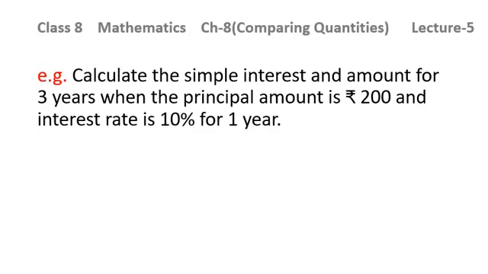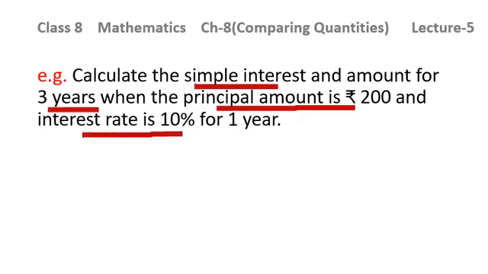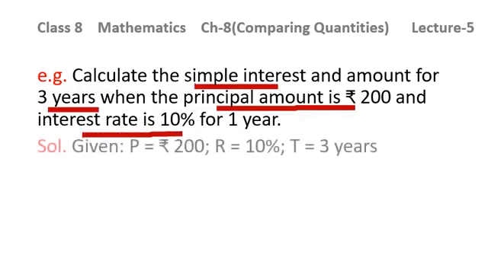Now for example, let us see how to calculate simple interest. Calculate the simple interest and amount for 3 years when the principal amount is 200 and the interest is 10% for 1 year. Given principal is rupees 200, rate is 10%, time is 3 years.